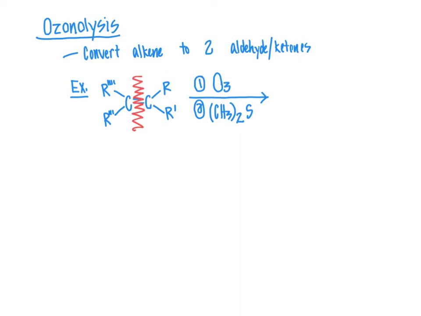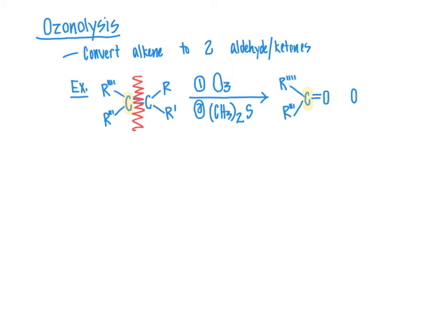And so as a result of this reaction, our R groups are still all in place as they were. So I'm just going to plug those all in. Our carbon that was on the left, which I'm highlighting in yellow, will become a carbonyl group in place of where the carbon-carbon double bond was.